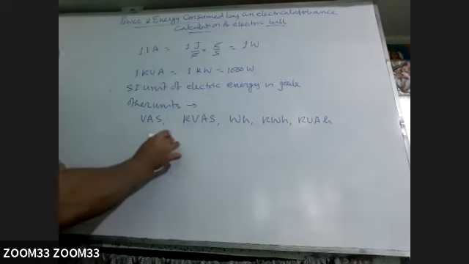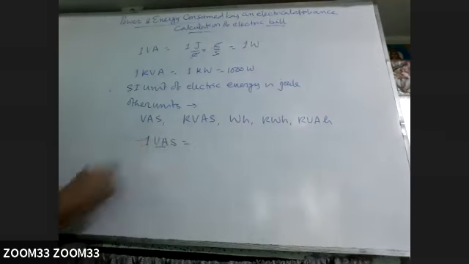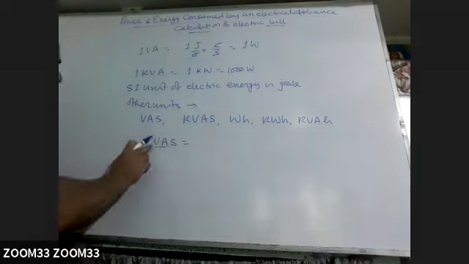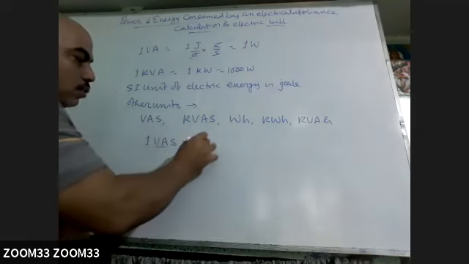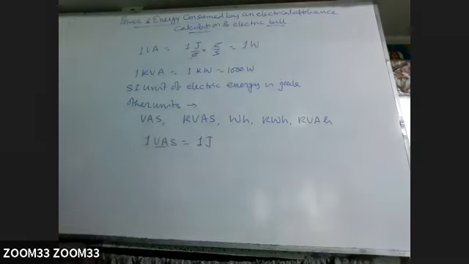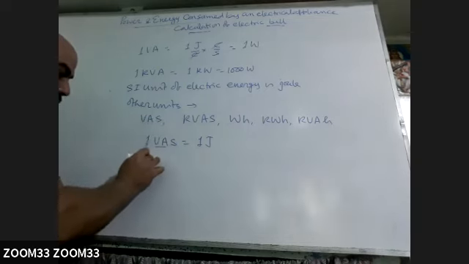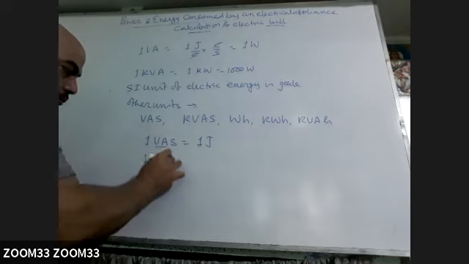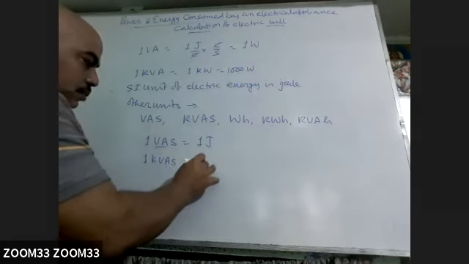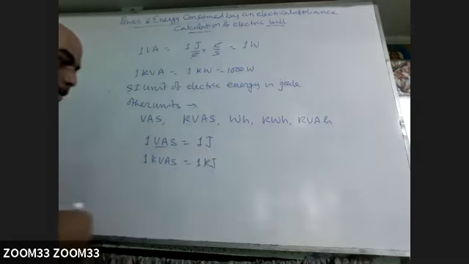One VAs: VA means what? So 1 watt second. So it is 1 joule. Similarly, kVAs is one kilojoule.